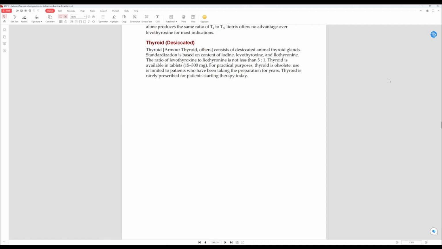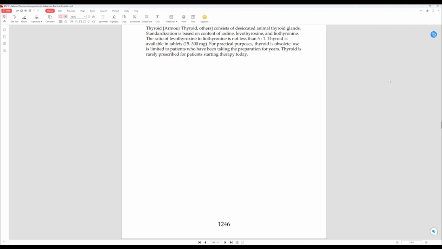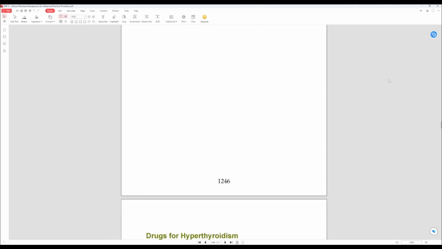Thyroid is available in tablets of 15 to 300 milligrams. For practical purposes, thyroid is obsolete. Use is limited to patients who have been taking the preparation for years. Thyroid is rarely prescribed for patients starting therapy today. So really it's an outdated practice that very few will continue to use at this time.